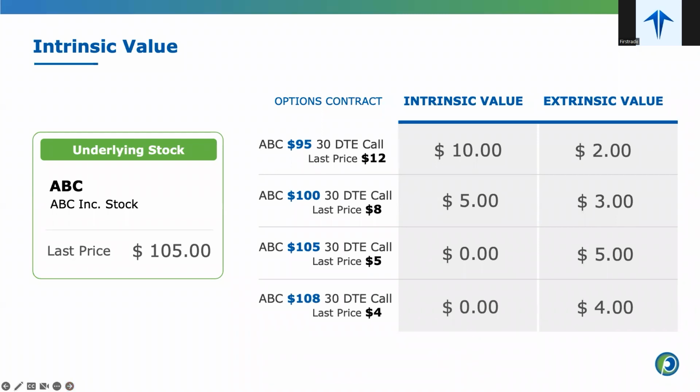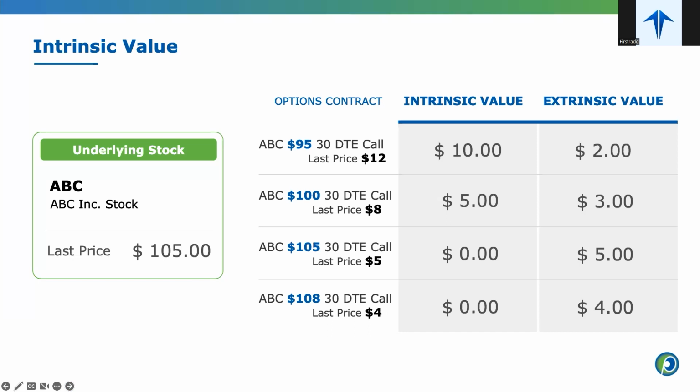Now you might have noticed something here, and I certainly hope you did. All of these options have the same 30 days until expiration. And the option that is at the money had the highest extrinsic value. That's true because extrinsic value tends to be centered around at the money options, and that is mainly due to implied volatility.